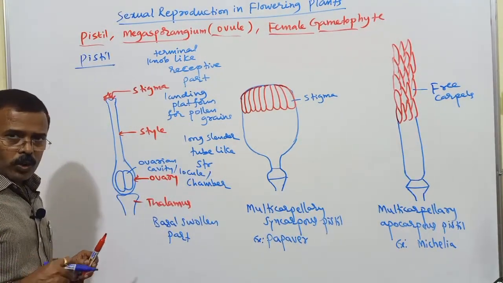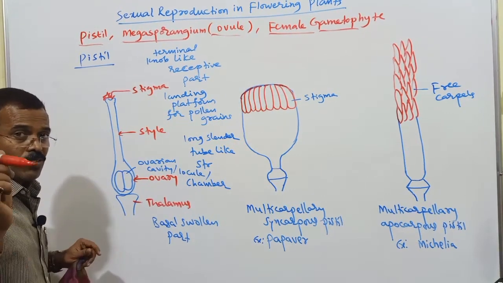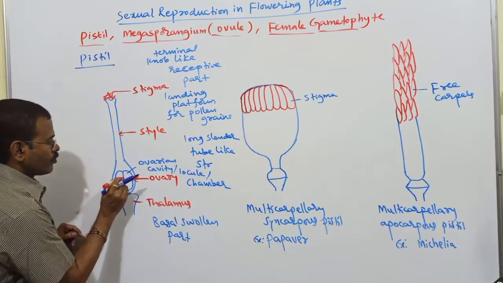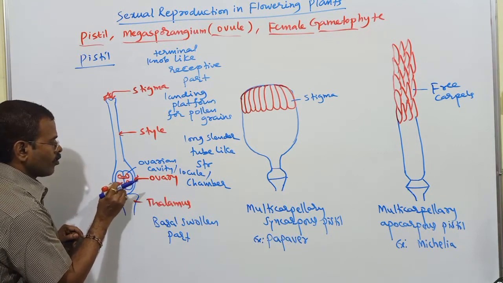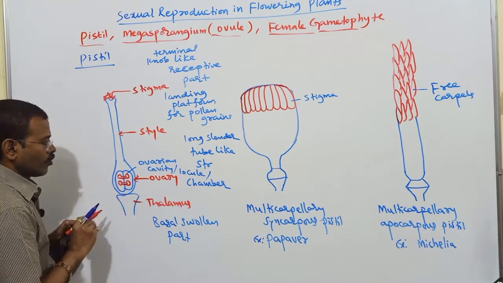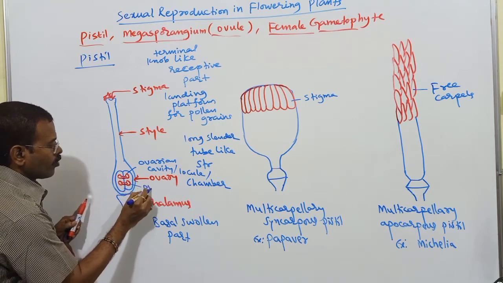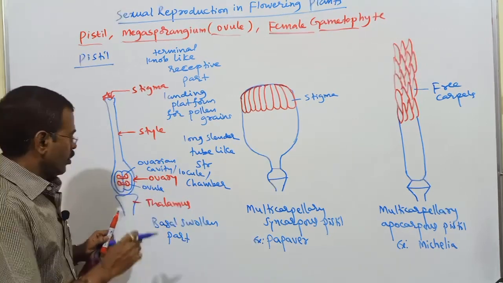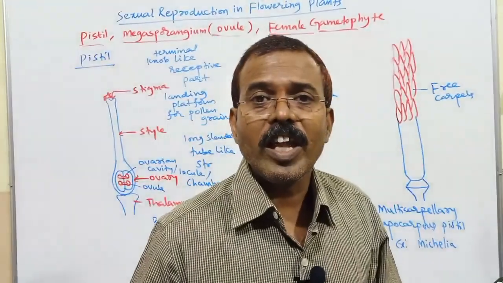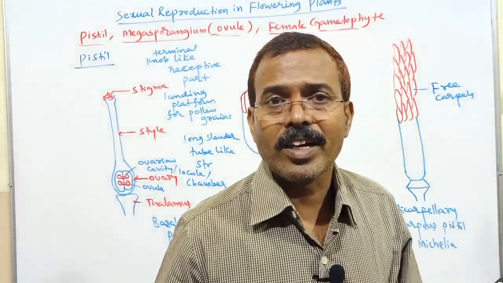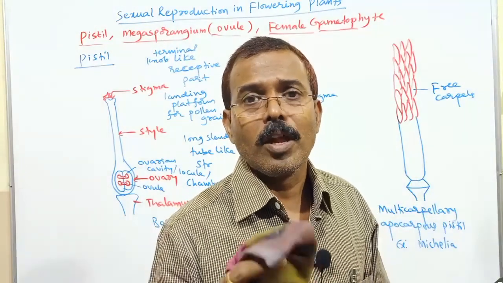So within the locule, there will be presence of ovules. So these are the ovules. Ovules are held within the locule by a fertile tissue that is called placenta.